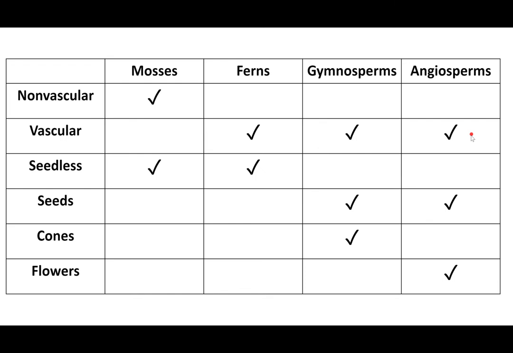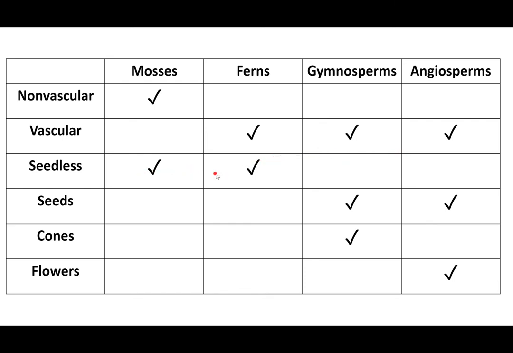And these plants are characterized by the fact that they can actually grow tall, and they do not have to cover the surface of whatever they're growing on. They can actually grow up away because they have the vascular tissues in order to transport water and nutrients from the roots to the very top of the system.